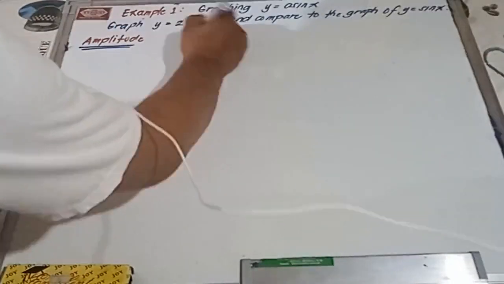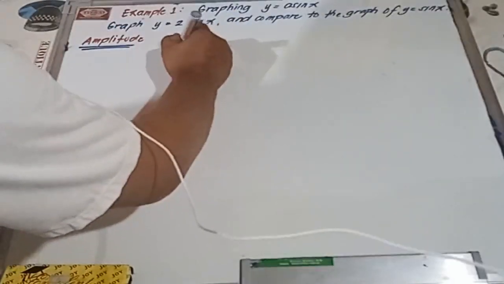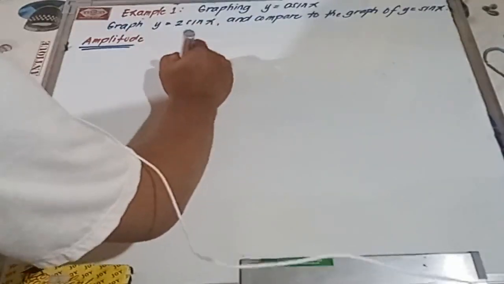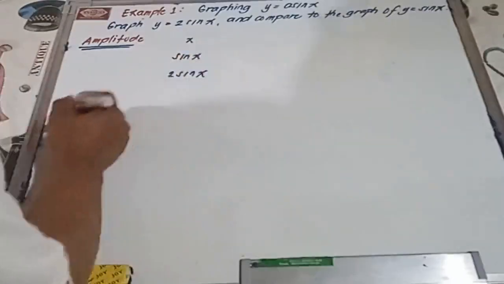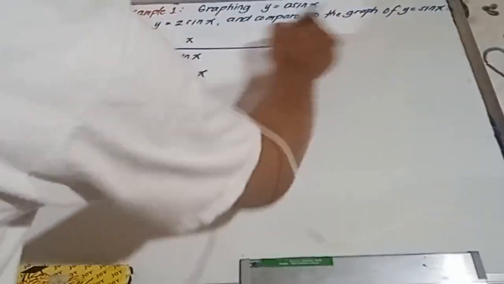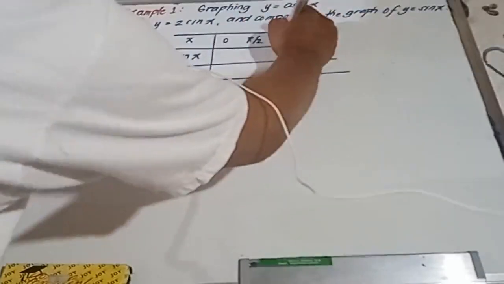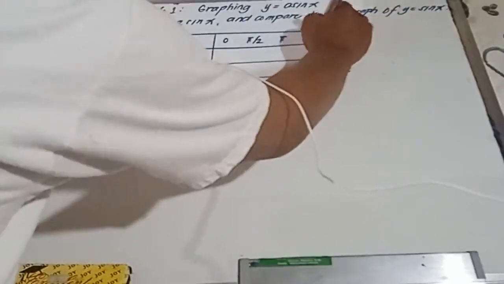We have x, here we put sine x, and here we put 2 sine x, so that we can see the comparison. Then our angles are 0, pi over 2, which is 90, pi which is 180, 3 pi over 2, and 2 pi.